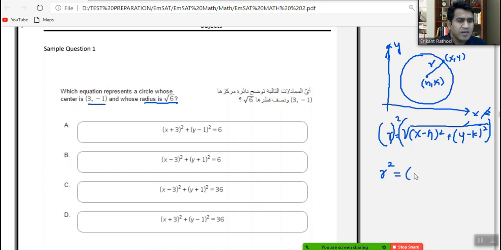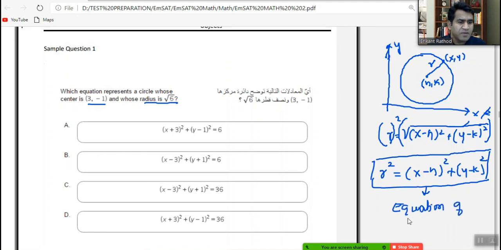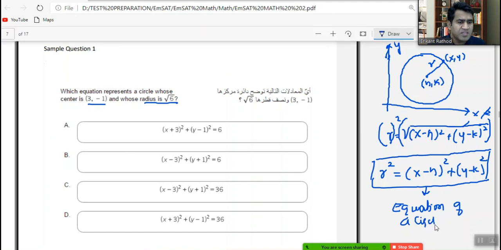Then you will get (x minus h) squared plus (y minus k) squared equals r squared. This is called the equation of a circle. This is what you need to know.